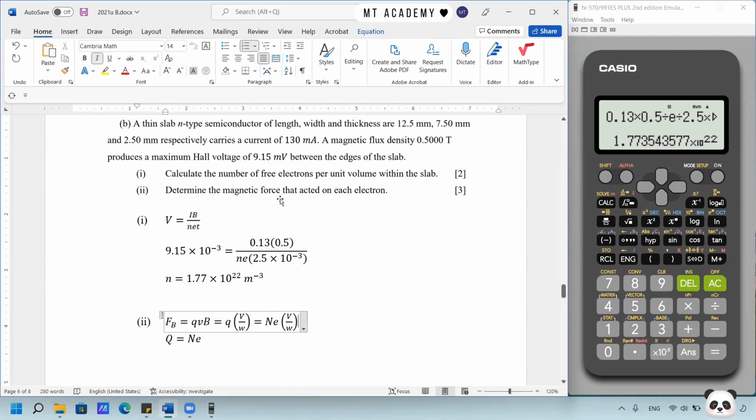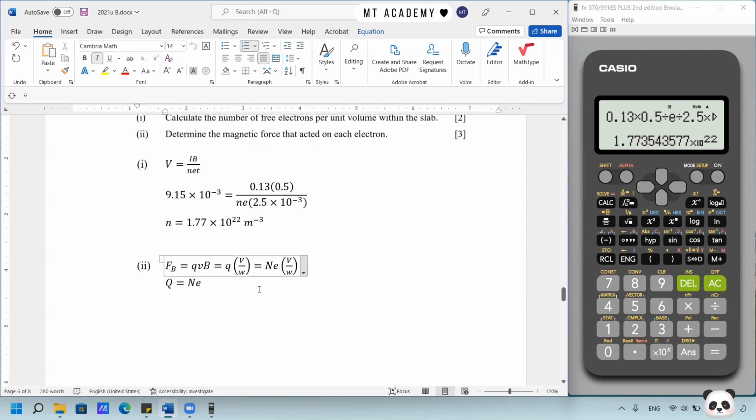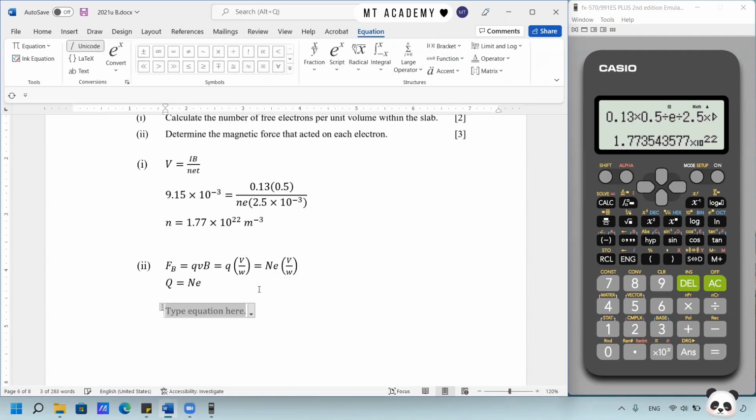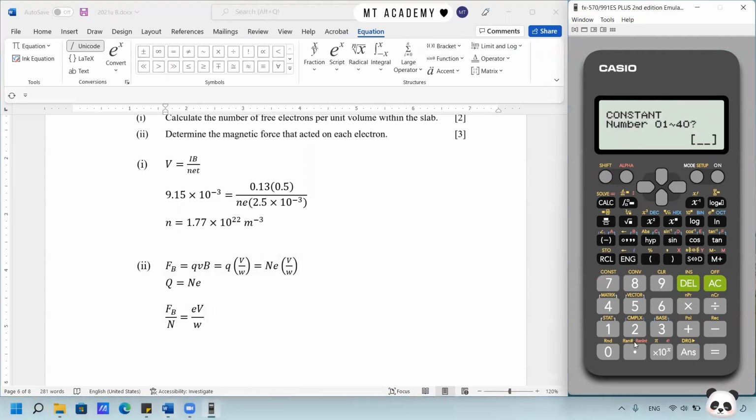So to obtain the magnetic force per electron, it is expressed as Fb per n. So this is the one unit, equal to eV over W. So the charge of an electron multiplied by the whole voltage, 9.15 millivolt, divided by the width.